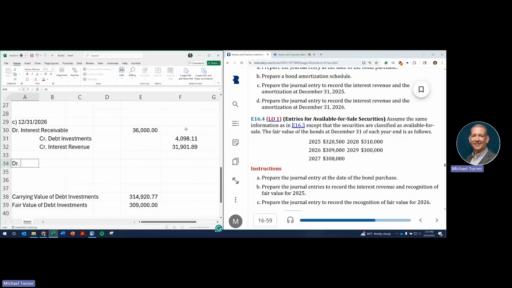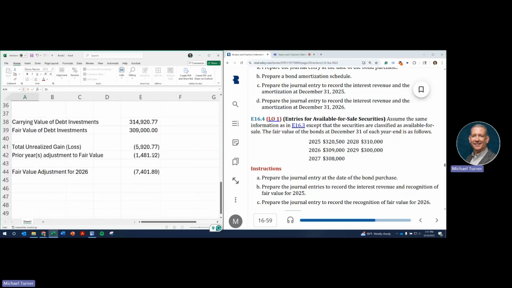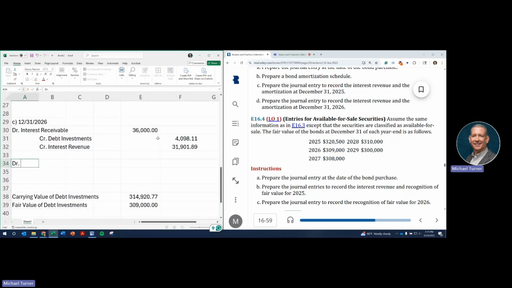So this is a loss. We're basically wiping out that previous gain and swinging an additional $5,920. So we're wiping away the previous unrealized gain, and we're recording the adjustment to get the new amount, 315, to the fair value amount of 309. Is about $6,000. So total adjustment is, combine those two amounts, $7,401.